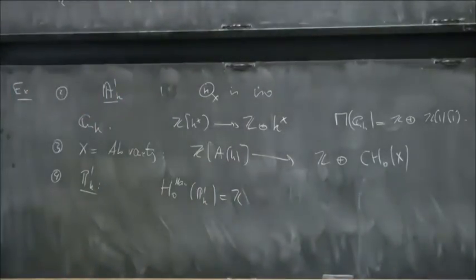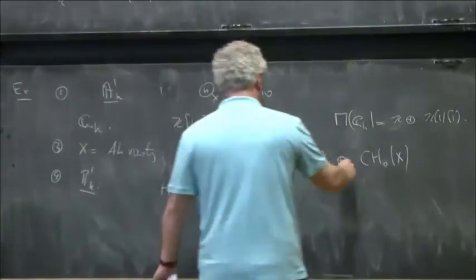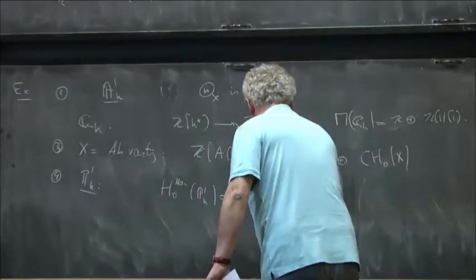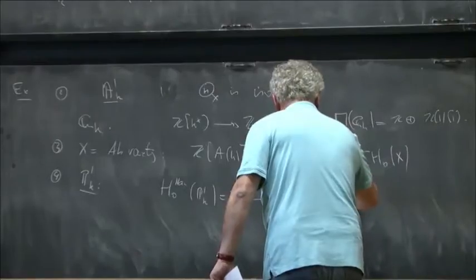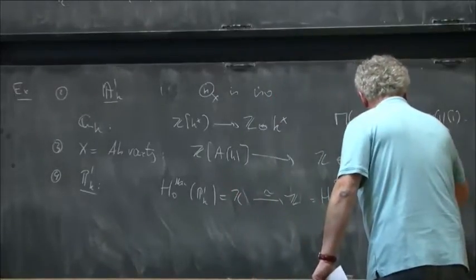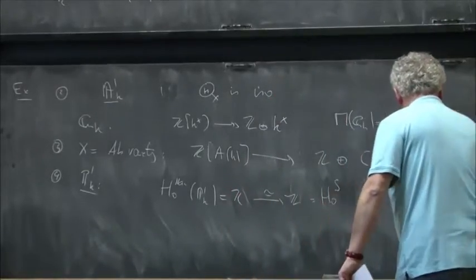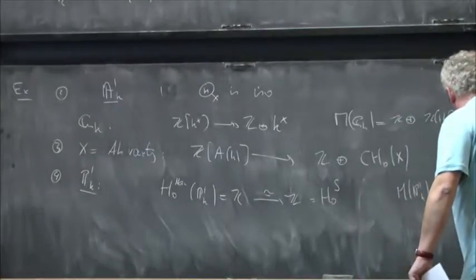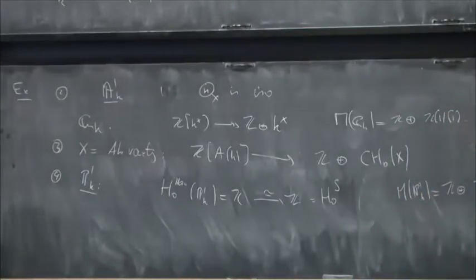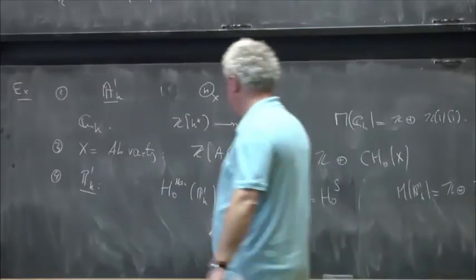The same is true for the Suslin homology. And it's not like G_m, because the motive of P1 is Z plus one more shift of the twisted Z, which is 0 in degree 0. And then something happens in degree 1.